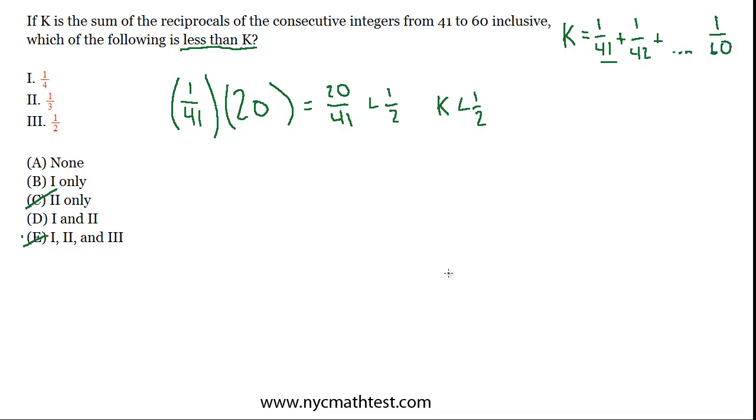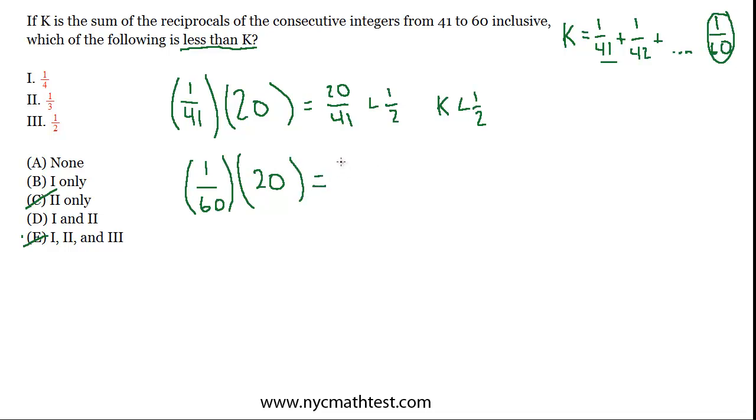Okay, now let's consider the other extreme. What if all of the terms were as small as the smallest term? Well, the smallest term is 1 over 60. If you had 20 terms that were all as small as 1 over 60, then you would understate the value of k.